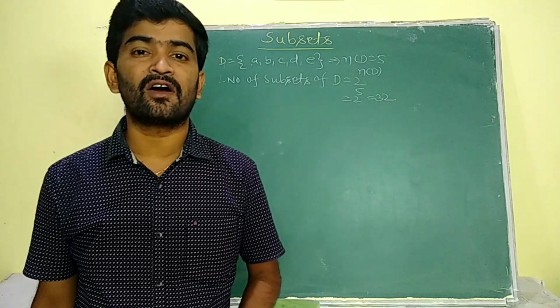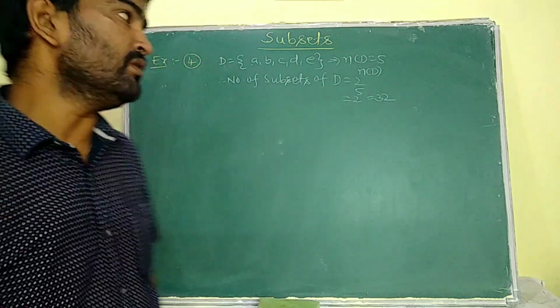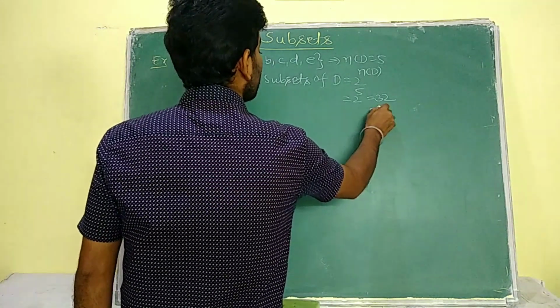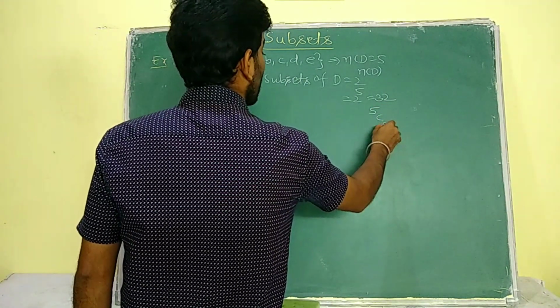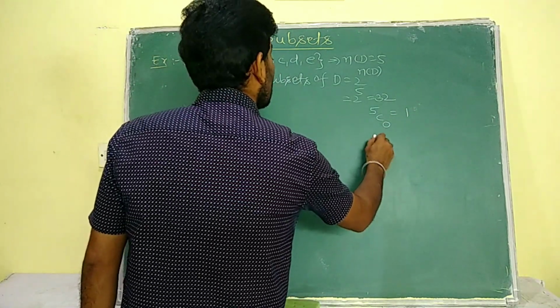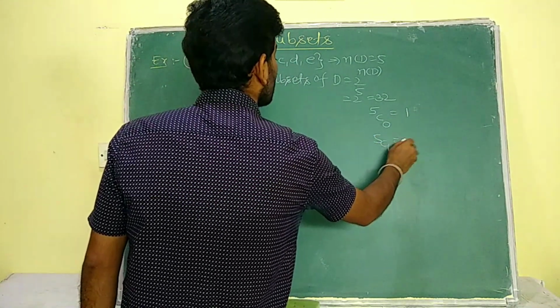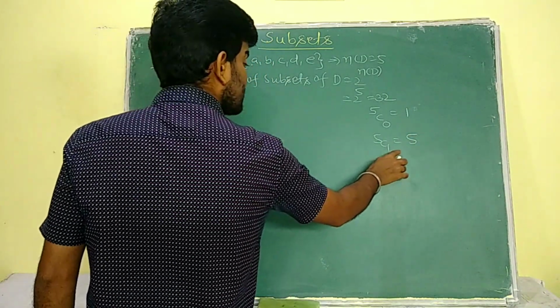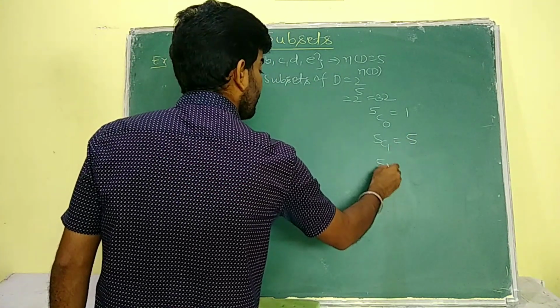Like that also we will count. Now for that I will tell you one logic. To find out the number of subsets with 0 elements, 5C0. 5C0 means you have to remember 1. 5C1 is equal to 5. That means the number of subsets with 1 element is equal to 5.